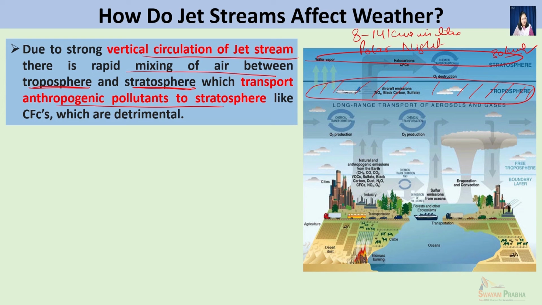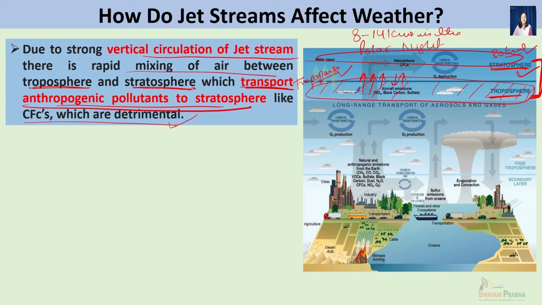Because the jet streams prominently travel in the boundary zones of the stratosphere and troposphere along the tropopause layer, they are also characterized by vertical movement of air. This sometimes leads to the transfer and transport of anthropogenic pollutants to the stratosphere, like chlorofluorocarbons, which can be very detrimental.